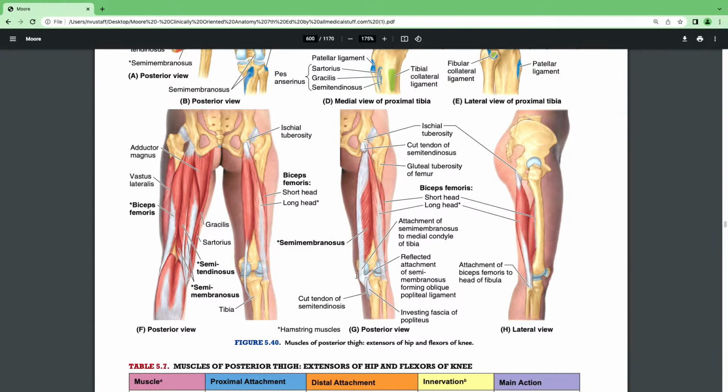Okay, and particularly in pictures G and H, particularly H is the best one, to be honest, from the lateral view, to see the long head of the biceps femoris muscle and the short head of the biceps femoris muscle. And you can see one thing, that the long head of the biceps femoris muscle is crossing 2 joints.